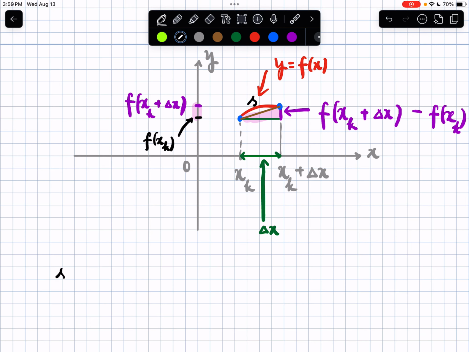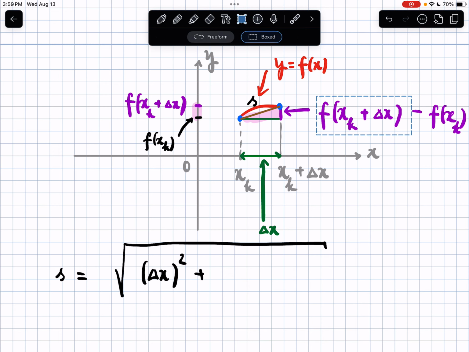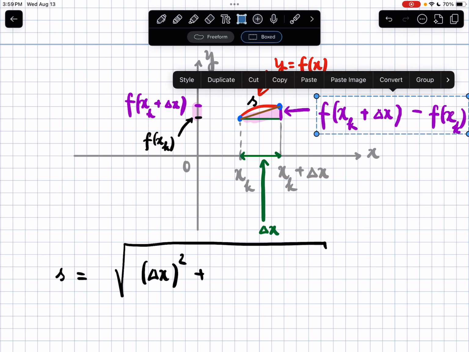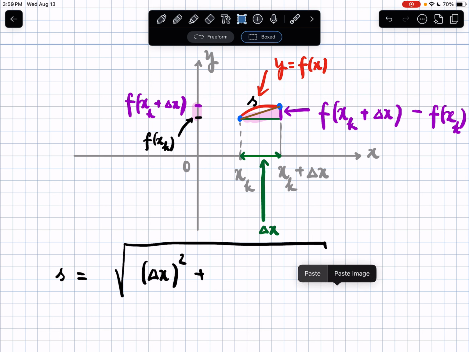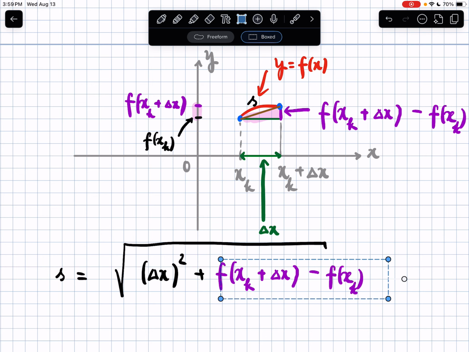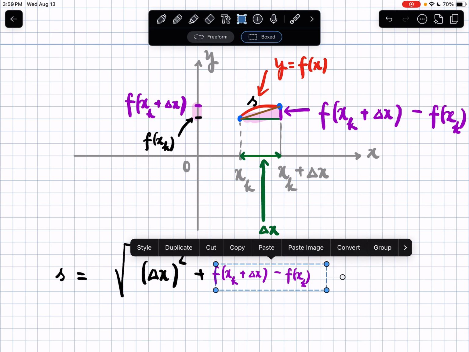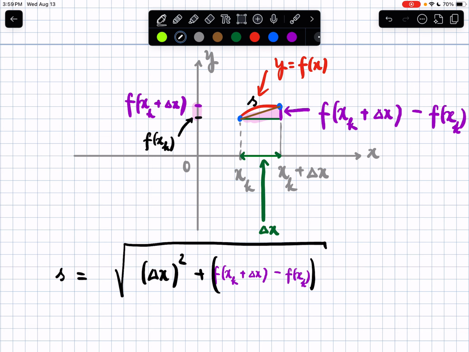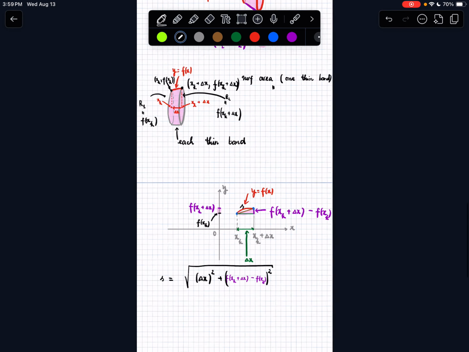The slant height S equals the square root of delta x squared plus f of xk plus delta x minus f of xk, squared, which is delta y squared. So this is the slant height.